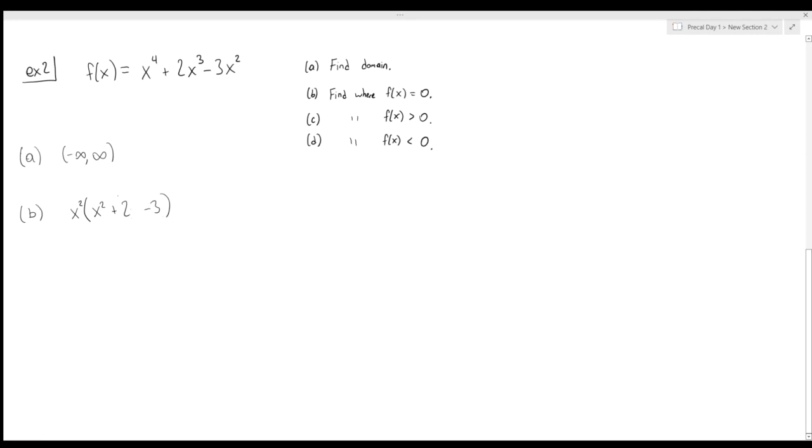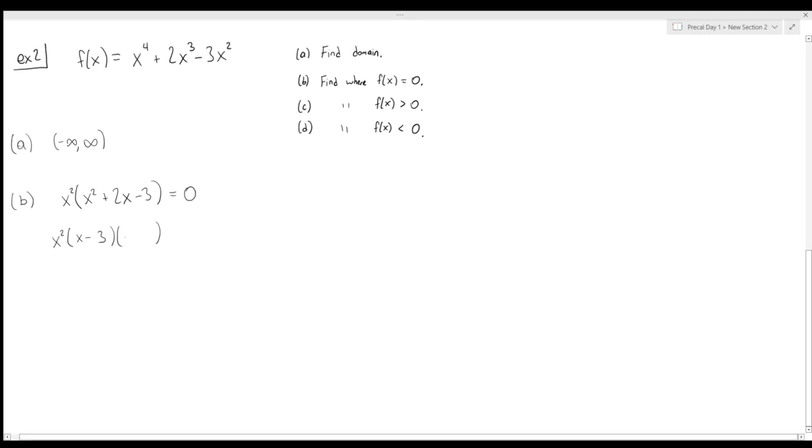Okay. And we're trying to figure out where this is equal to 0. So once we factor out the x squared, we have this quadratic remaining, and then we can factor it even more. To factor this, it would be x plus 3 and x minus 1.